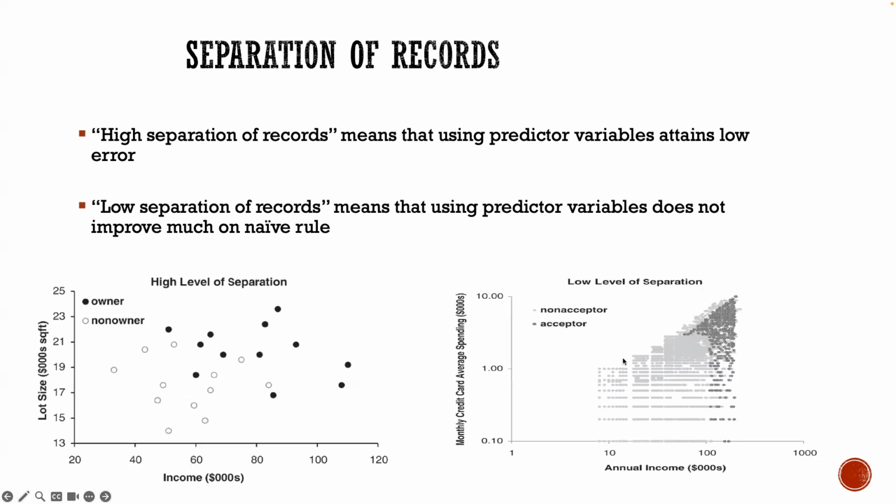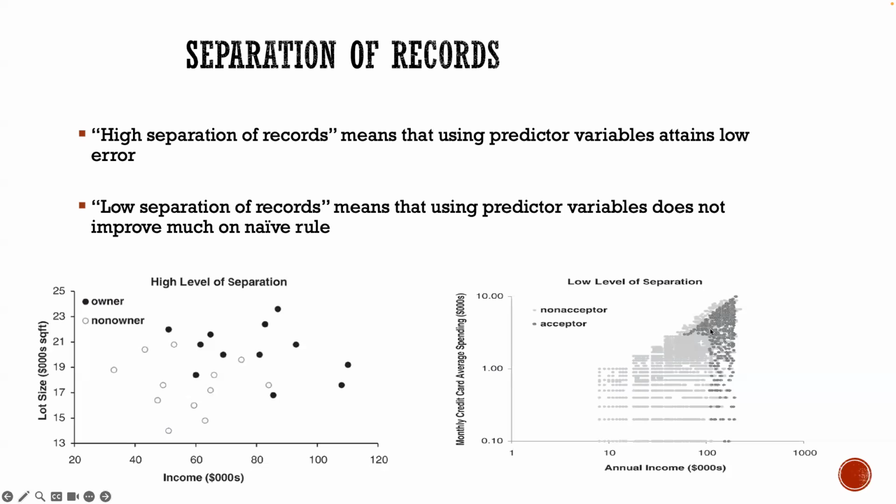But in this case, we are using annual income and monthly credit card average spending as two predictive variables to determine whether they are going to accept a sales offer or not. We can see that this is a very large data set compared to this one, with several dots here. At the lower end, it's very easy to separate out the gray ones and the dark gray or black ones.